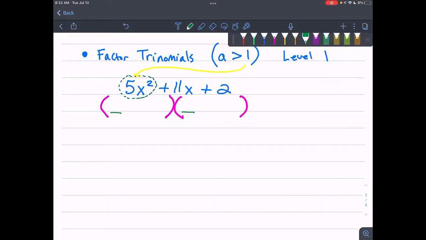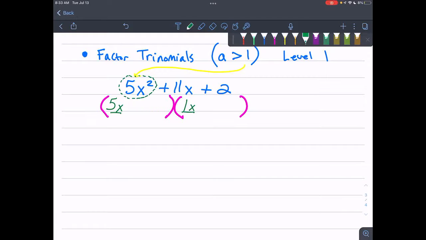So the x squared part you're still going to get from x and x, but in order to multiply to be 5, what do the numbers have to be? Five and 1. That's the only way that we can make 5. If you had a number like 12, there's a few different numbers that you could use to multiply to make 12, but with 5, it's nice because it has to be 5 and 1.